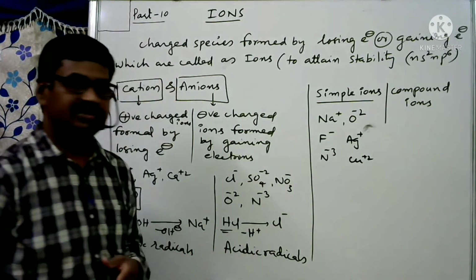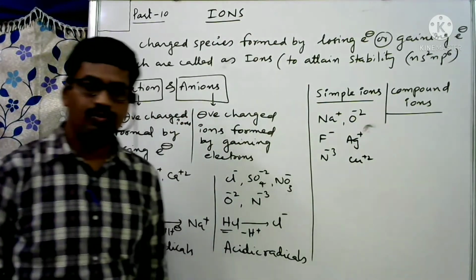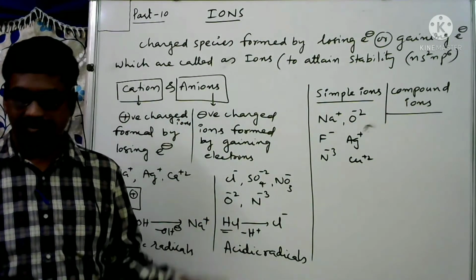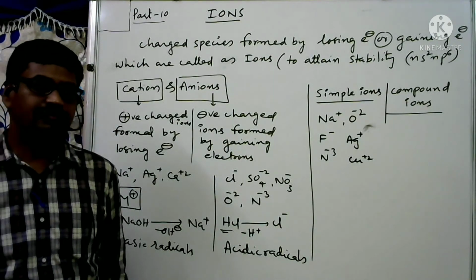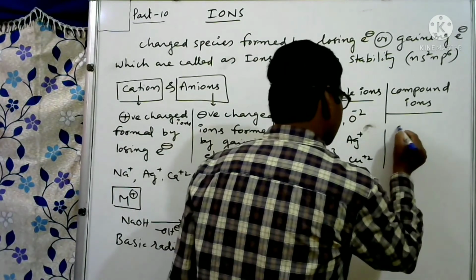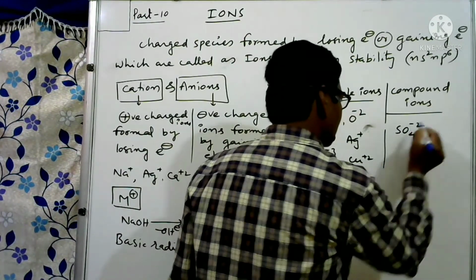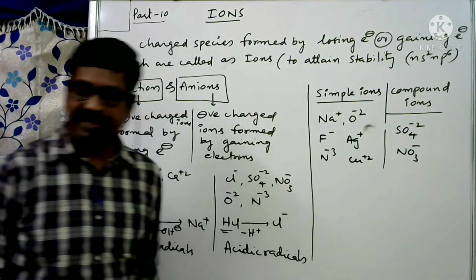Compound ions are combinations of atoms. A group of atoms is present in these compound ions. These are ions which contain two or more atoms of different elements. For example, SO4-2 is the sulfate ion. NO3- is the nitrate ion.